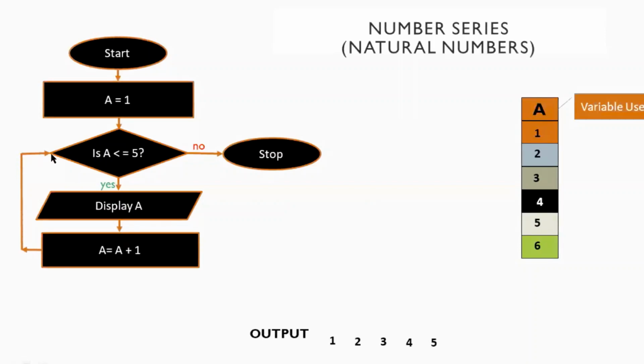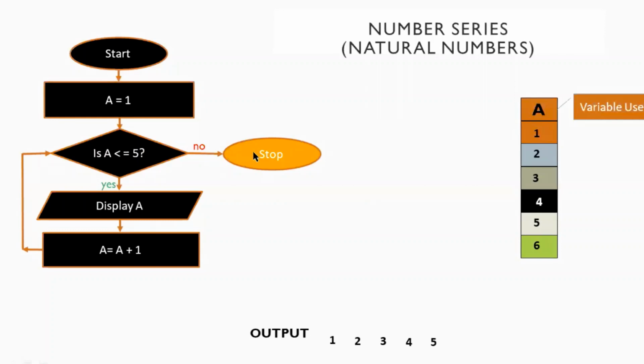Again, the program will go up. Now, is A less than or equal to 5? Over here, the value of A is 6, so the condition is not satisfied. So we have to move towards the no line. Now our flowchart will stop over here, displaying 1, 2, 3, 4, 5, the first 5 natural numbers.